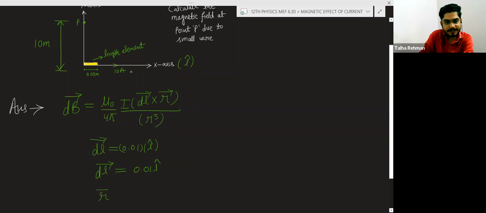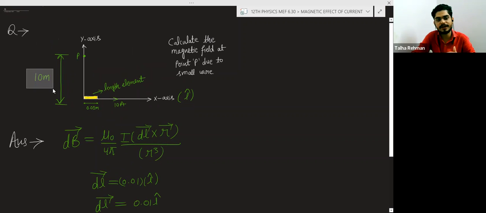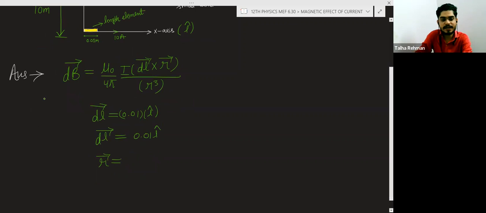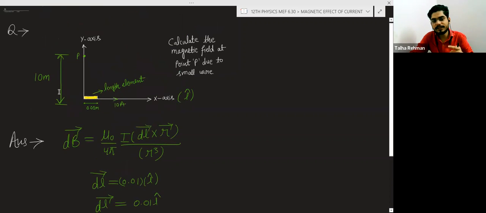Now for the r vector, you do not have r vector. For r vector, first you should know what is the numerical value of r. What is the magnitude of r? So numerical value or magnitude of r is 10. And now you will see the direction, in which direction the r you are taking. The r is along y-axis.